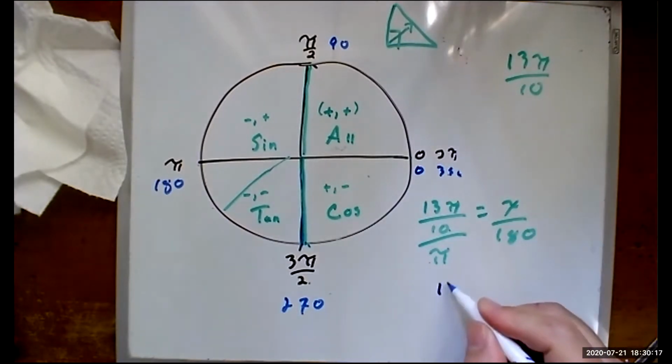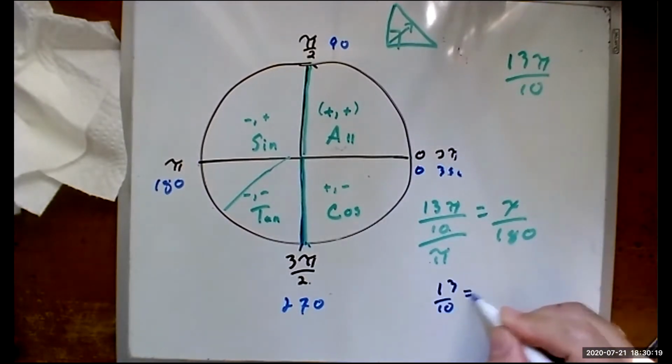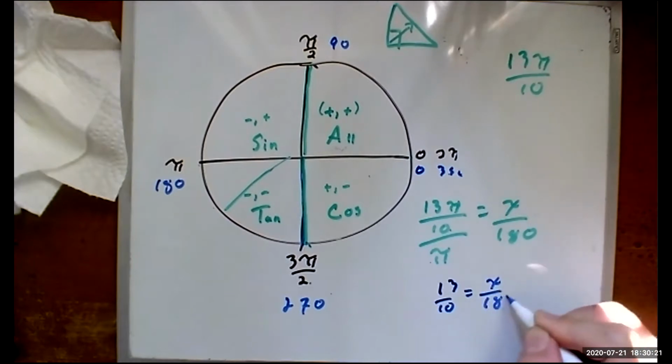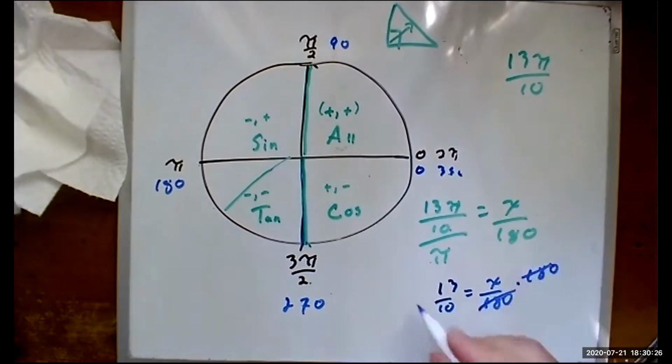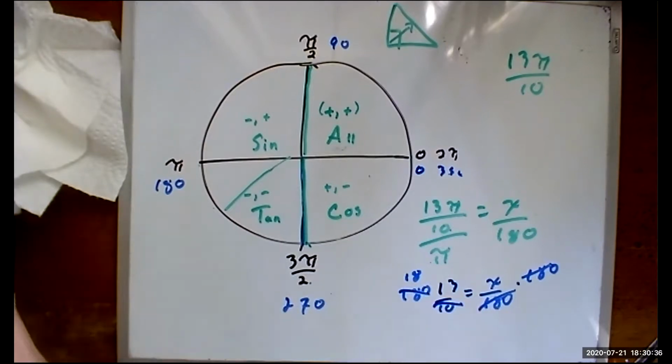So this becomes 13 over 10 is equal to x over 180. We'll multiply by 180 on both sides. And that will come down to 18 times 13.